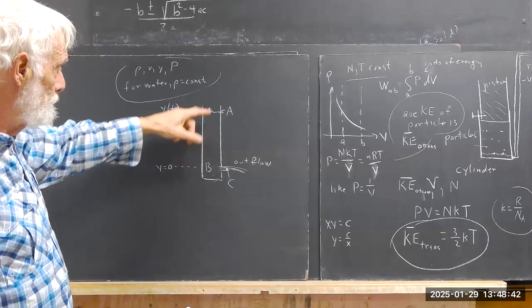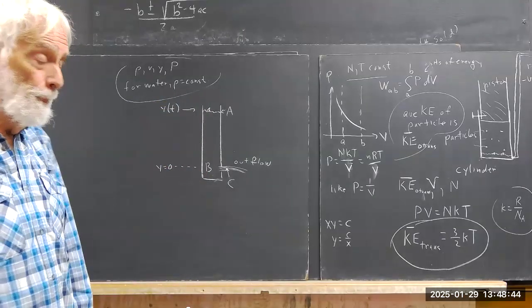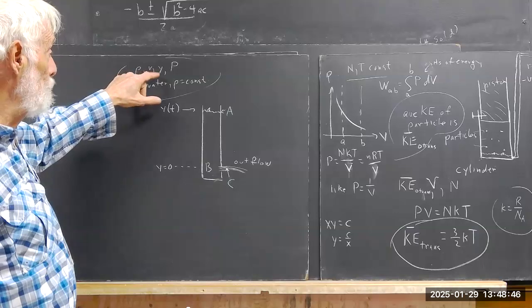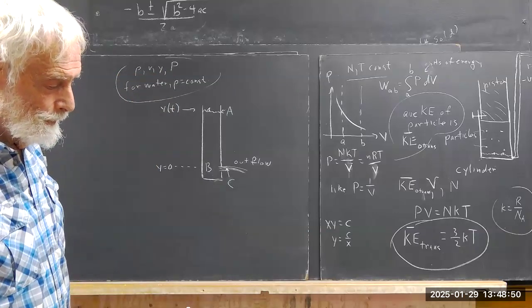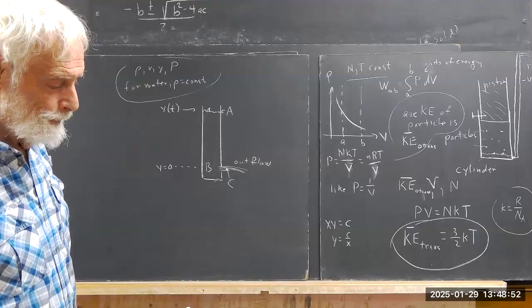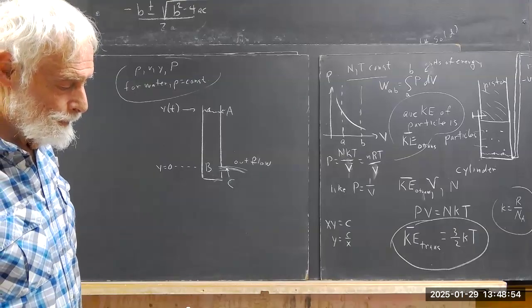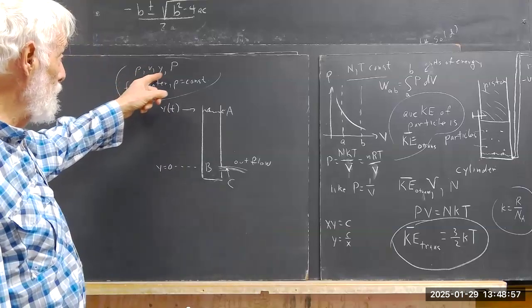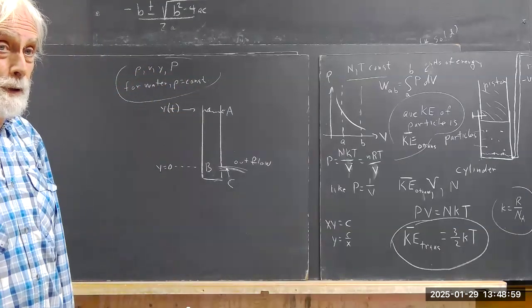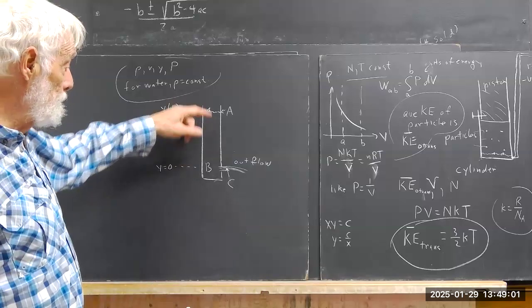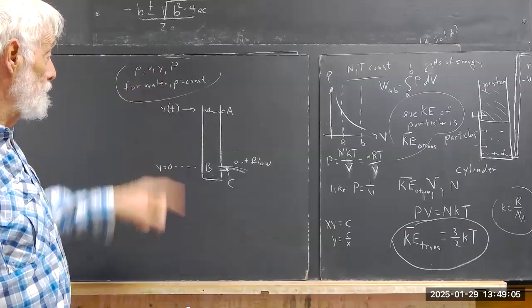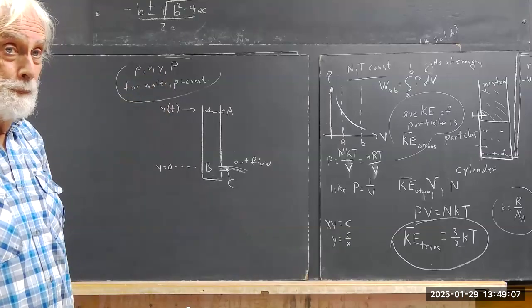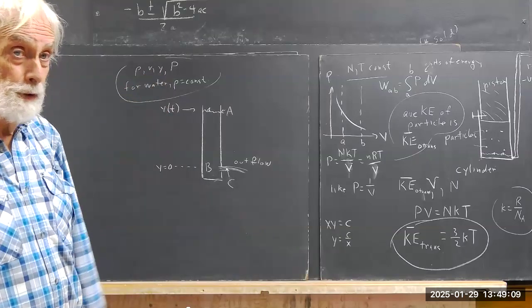So what changes between point A and point B? Which of these? V, Y, or P? Let V be 1, let Y be 2, let P be 3. Tell me which ones change between here and here. Okay, you're saying Y changes. Anything else? Y can't change without something else changing.